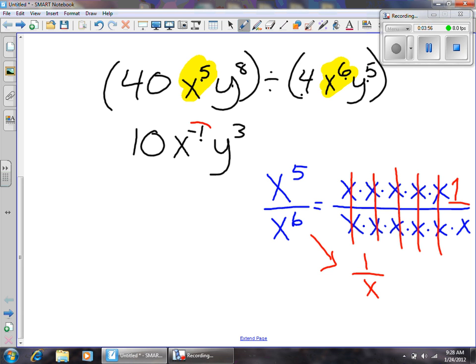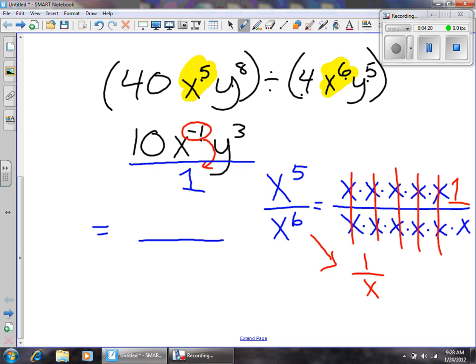So this negative exponent means I need to use the stairs. The x term is in the numerator. It needs to go downstairs to the denominator. Some of you are saying, Mr. Lawrence, there is no denominator. But remember, I can write any number over 1. So I'm going to take this 10x to the negative first, y to the third, and rewrite it as a fraction.